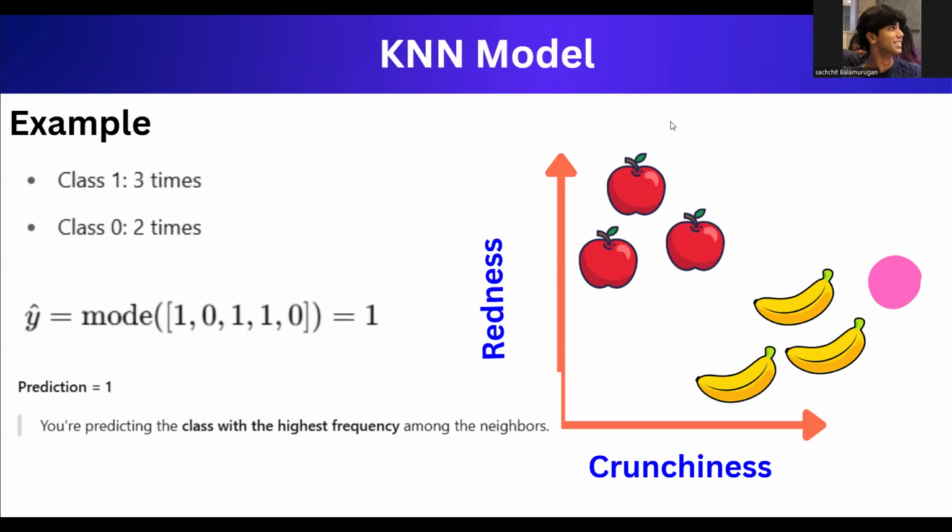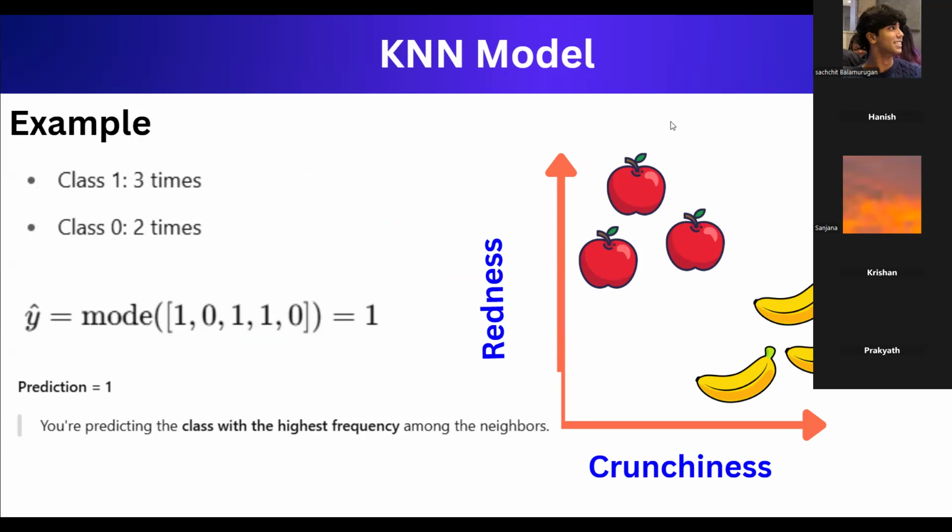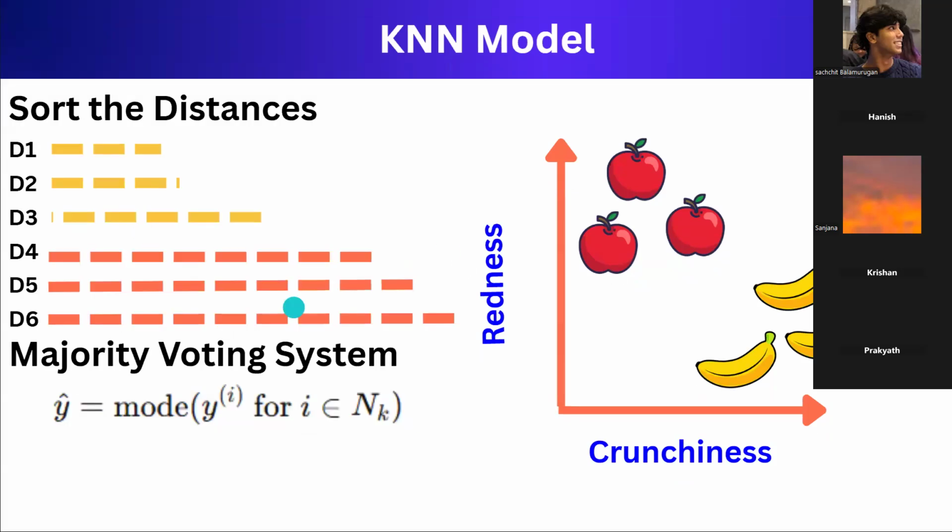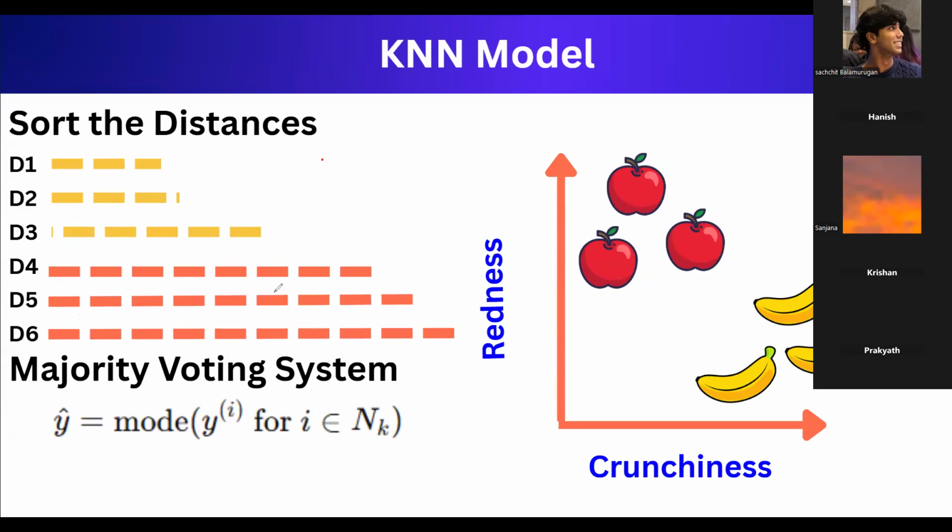Yeah, it does. And to be clear, the K value just tells us how many data points we're taking, right? Yeah. So let's say here K is 4.